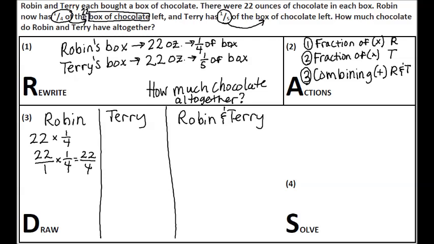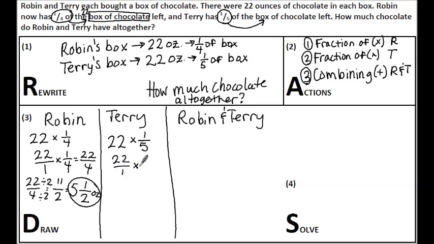So we are going to simplify 22/4, dividing the top and bottom by 2 because they're both even numbers. And 2 goes into 22 11 times, 2 goes into 4 2 times. And we see that we have 11 halves, or 5 times 2 is 10, 10 plus 1 is 11. So we see that Robin has 5.5 ounces of chocolate left in her box.